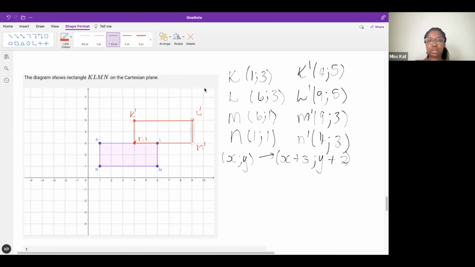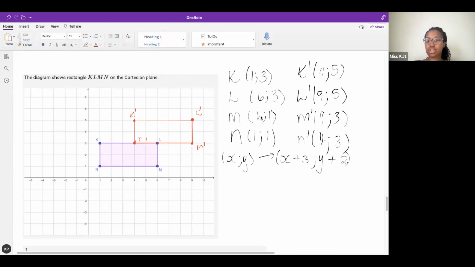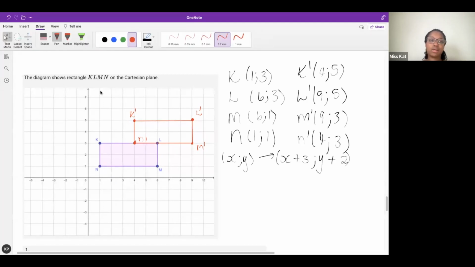Okay, so these 2 shapes, guys, I have a question for you. Last question. Are these 2 shapes congruent or similar? And give me your reasons, guys.